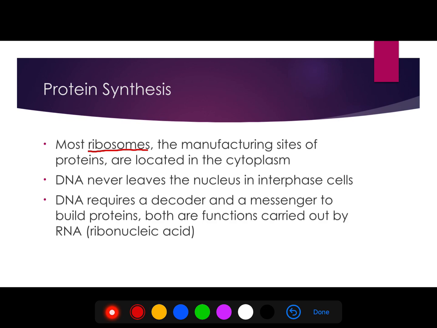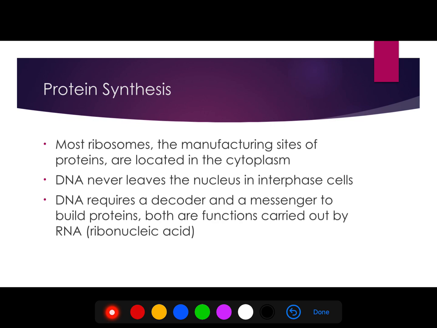Now, keep in mind that when we get ready to build the protein, DNA actually never leaves the nucleus. It has to stay in the nucleus. That's where it's safe. If it leaves the nucleus, it could possibly be damaged, which would be deadly for the cell. So the DNA stays in the nucleus, and what happens is the cell produces a copy of the DNA in the form of RNA.